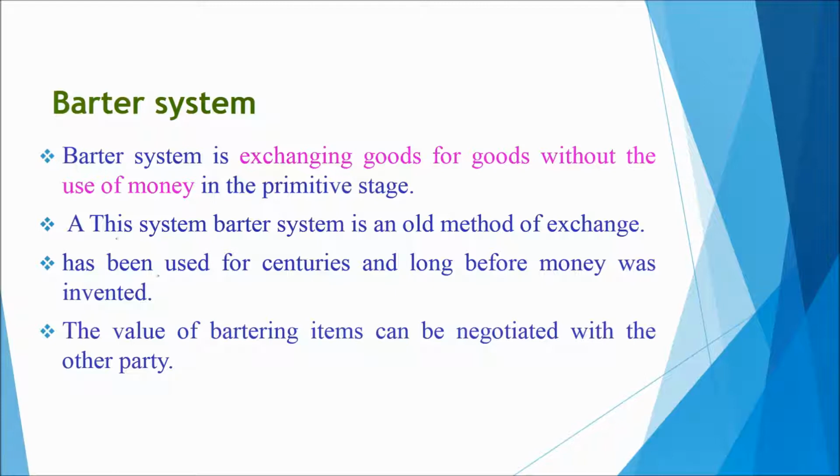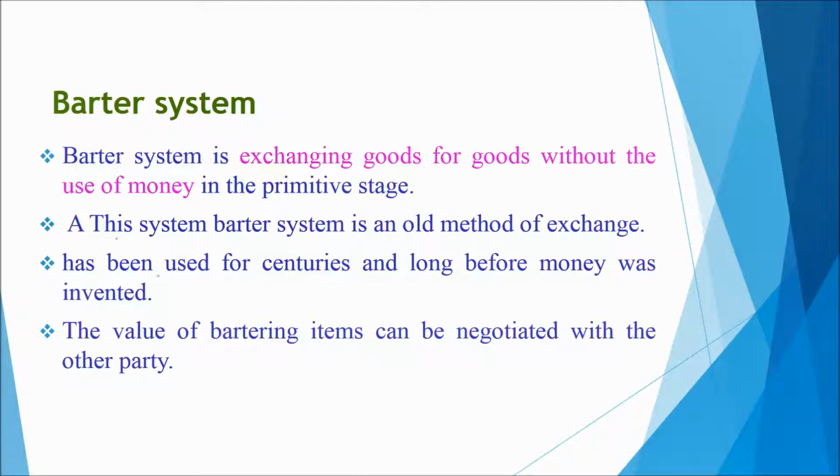A barter system is an old method of exchange. This system has been used for centuries and long before money was invented. The value of bartering items can be negotiated with the other party.